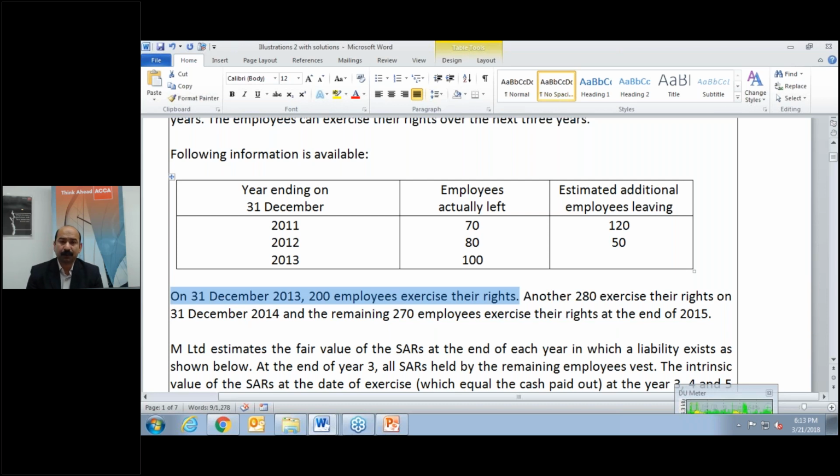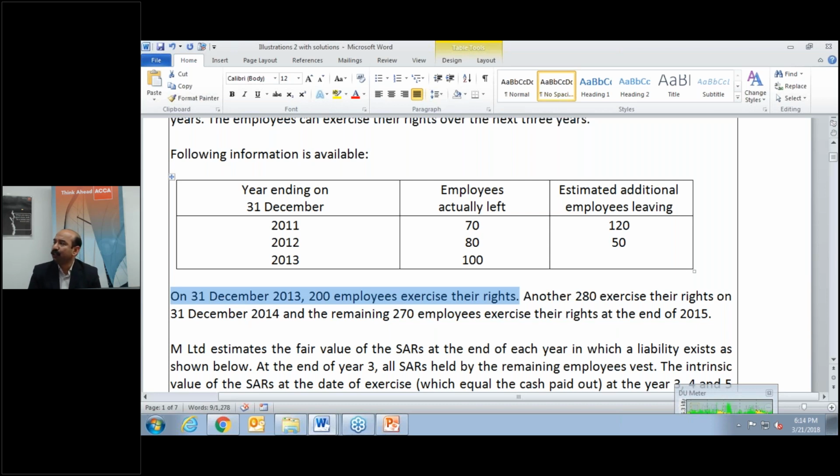And here we are supposing that cash will be paid based on the intrinsic value. So this means our calculation will have two parts. One, at the end of 2013, those employees who have not exercised their option, and those 200 employees to whom we have paid cash.